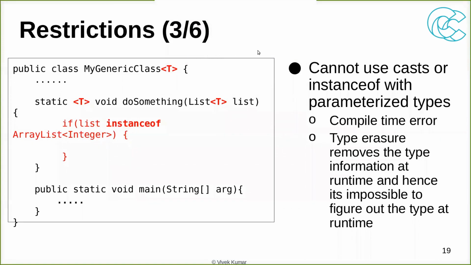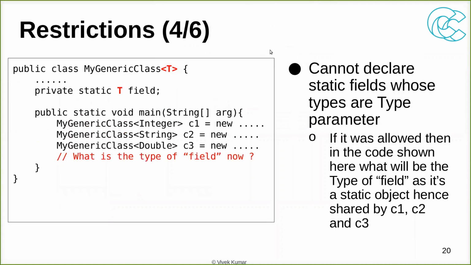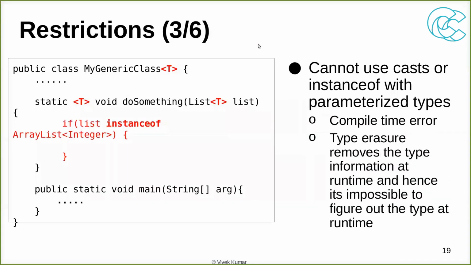Sir, why are we writing that angle bracket T after static, before void?